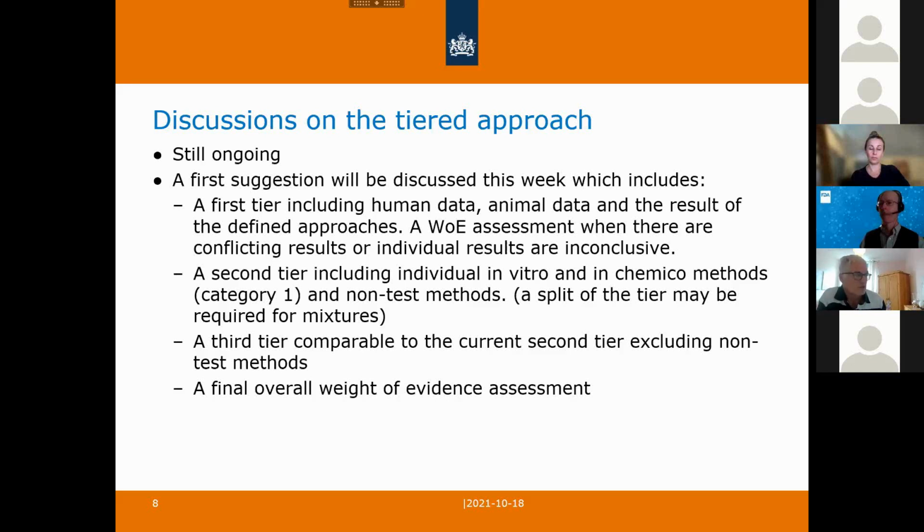If this is also not conclusive, we have a third tier that is comparable with the current second tier, which includes a number of indicators. And finally, the proposal is to have an overall weight of evidence in place if all those previous tiers are inconclusive. So that was it, and I'm happy to answer any questions.